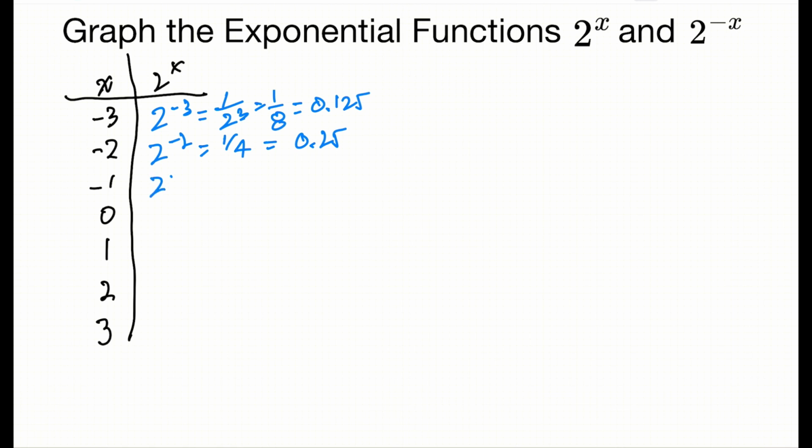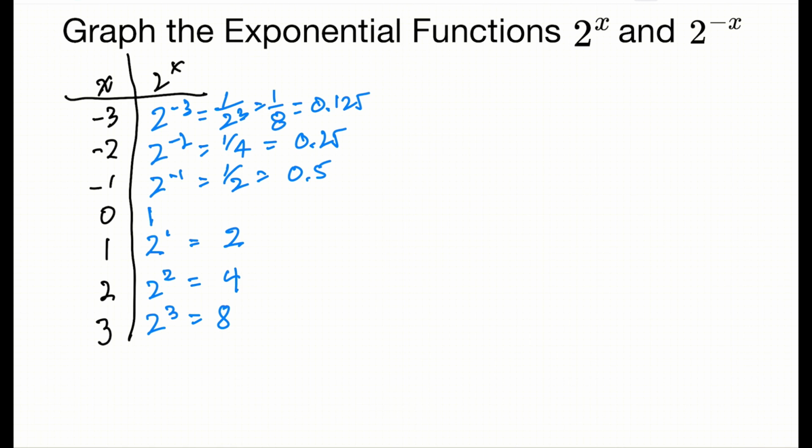And 2 to the minus 1 is just 1 over 2, which is 1/2. 2 to the 0, anything to the 0th power, that's one of our rules. That's just going to be 1. 2 to the 1 is just 2. And 2 squared is 4. 2 cubed is 8. So there are our points that we want to plot.